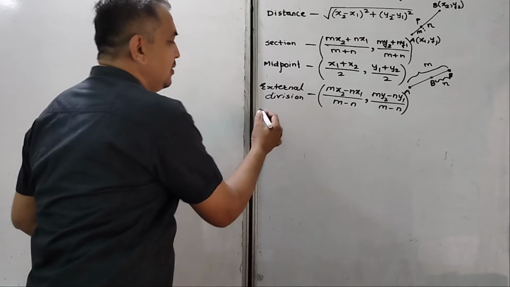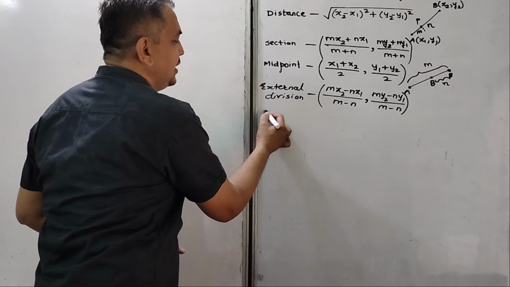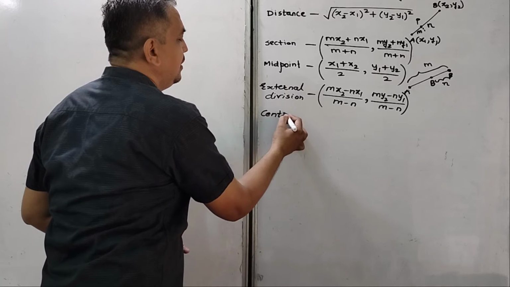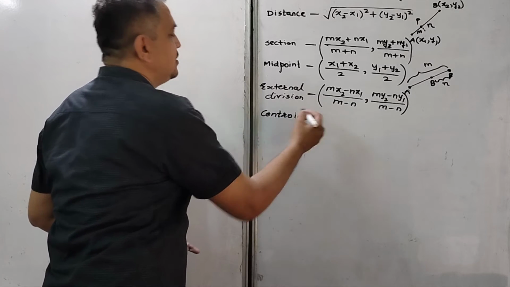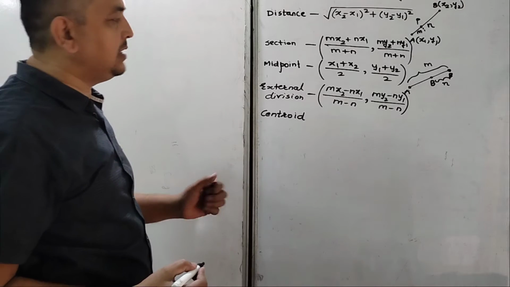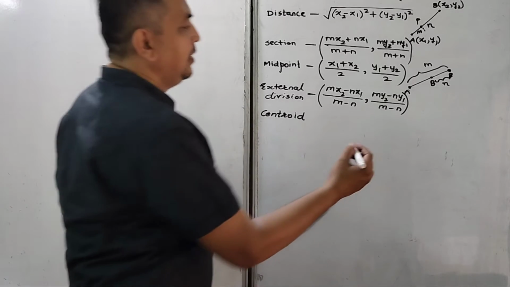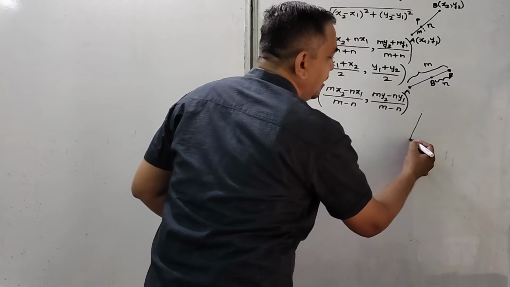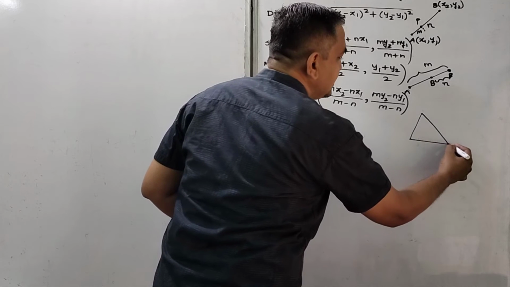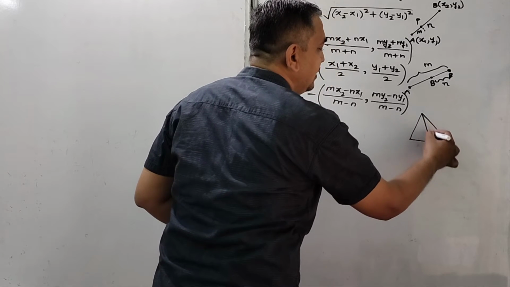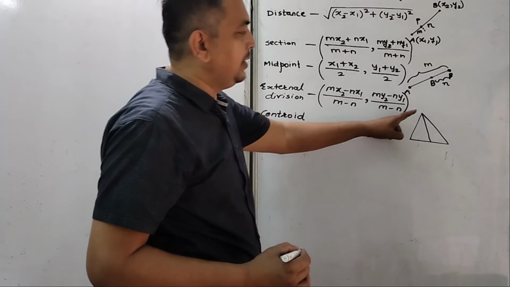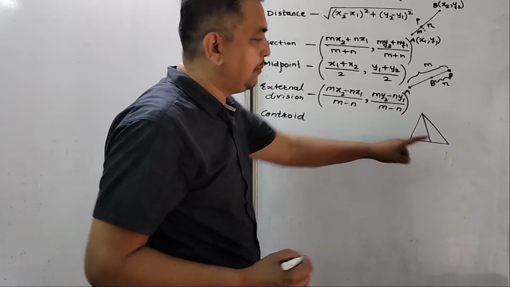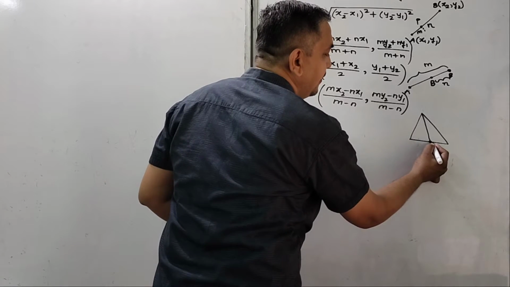From this we can also find the centroid of a triangle. What do we mean by centroid of a triangle? If we consider ABC as a triangle and we draw median, median is segment joining vertex with midpoint of opposite side.